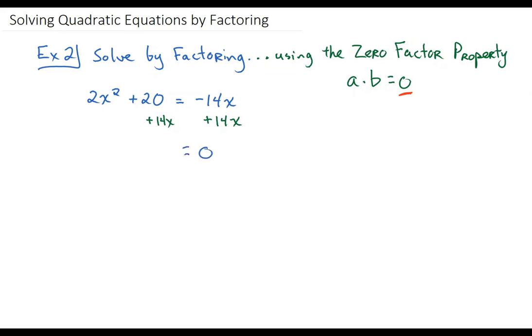That's by design. But on the left, this 14x, there's not any like terms here. And when we're told to add, we want to actually add something. But here, it's actually not possible. We can't literally add, so we're just going to write it out as an addition problem. So that's going to give me 2x squared plus 14x plus 20. Notice I kind of nestled that 14x in between the two terms that I already had.